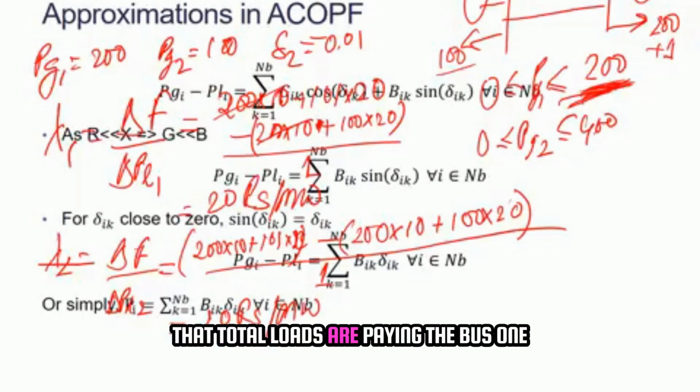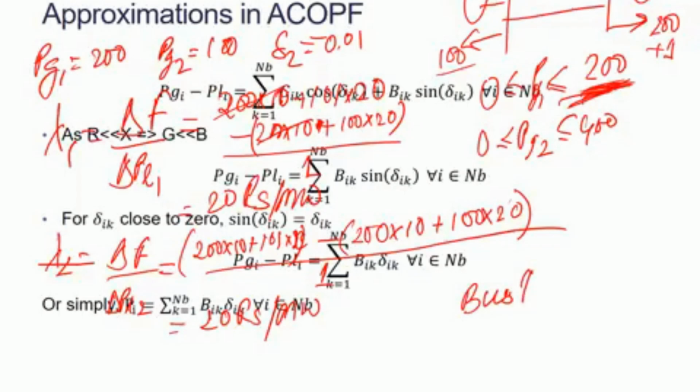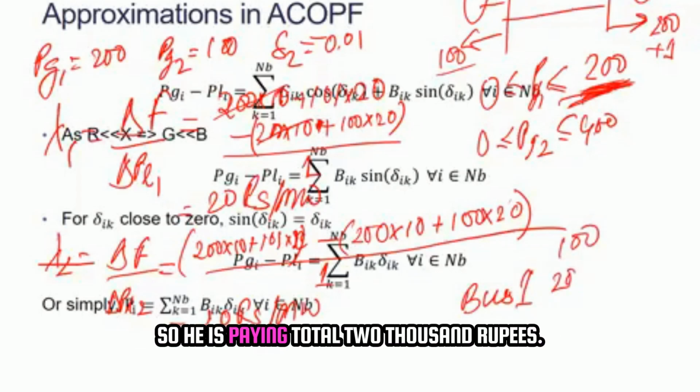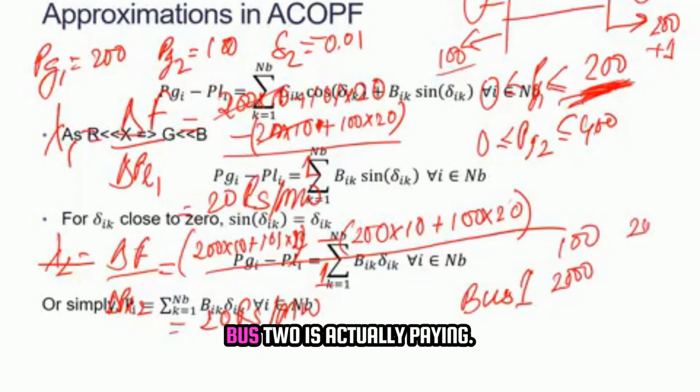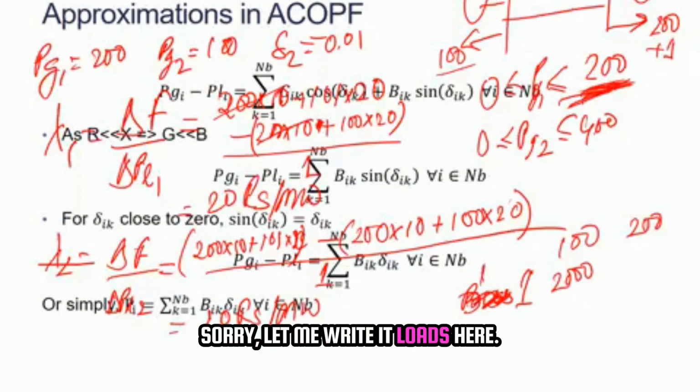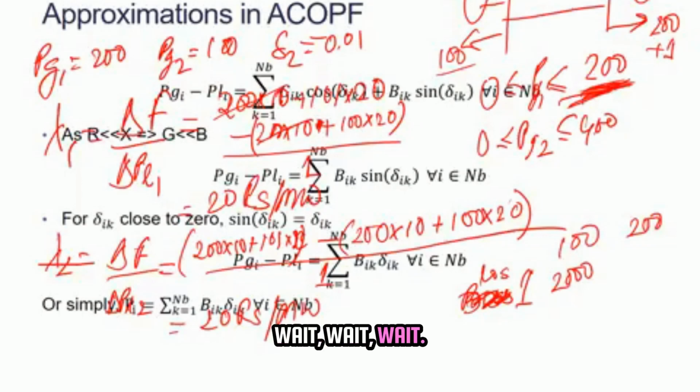So this is the same logic here, and eventually, if you see, the bus 1 load is 100, so it is also paying at 20, so it is paying a total of 2000 rupees. Let me write the loads here.